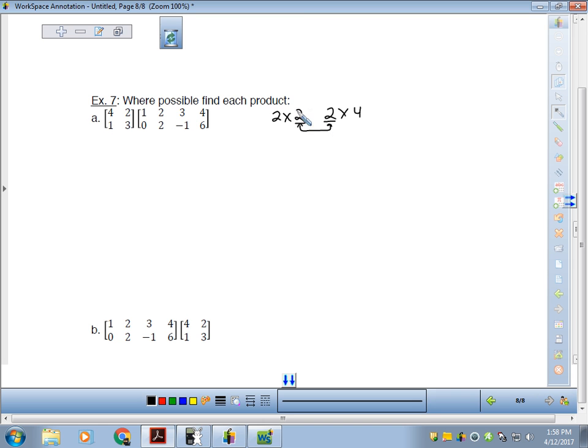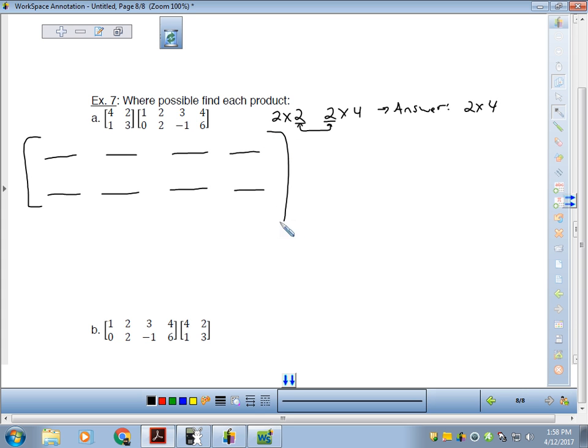They are the same, so we know that our answer is going to have the outer numbers of its size, so it's going to have an answer that is a 2 by 4. So I'm going to set up a 2 by 4. And then we'll get ready to multiply it.